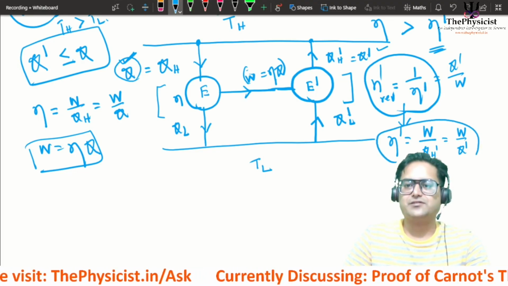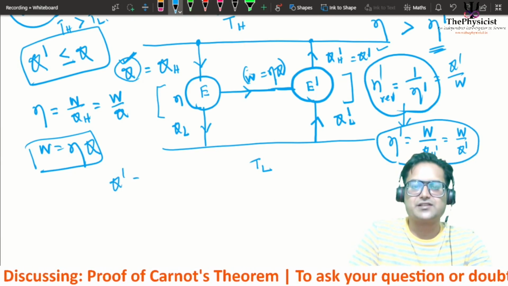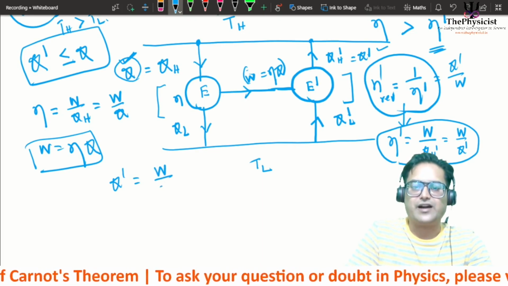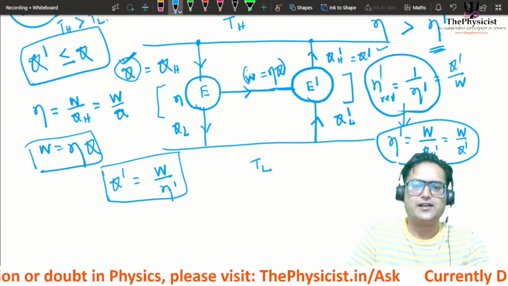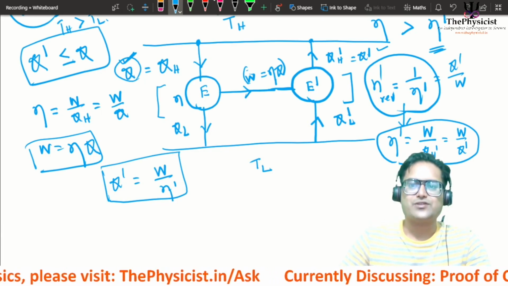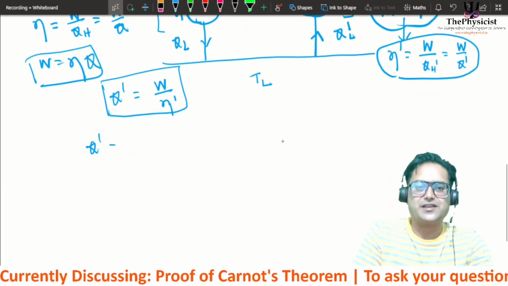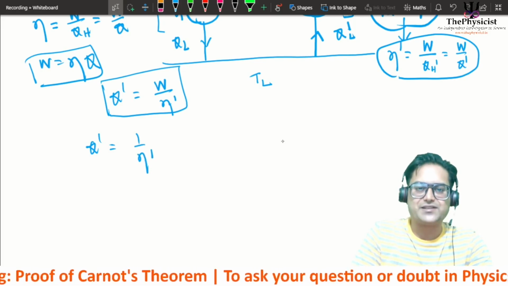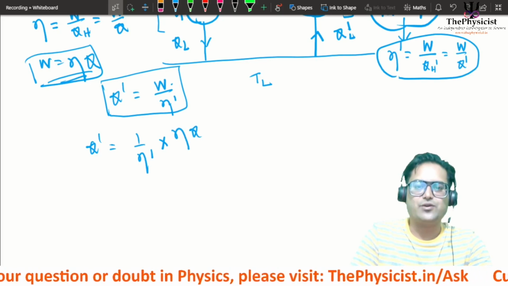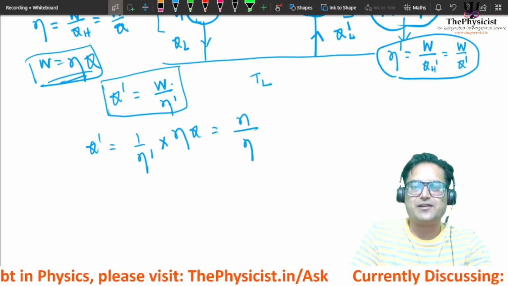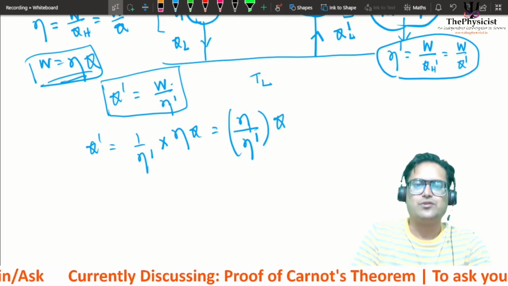Now from this equation, we can simply say that Q dash is nothing but W divided by eta dash. Okay, that's eta, not N, right? So far so good. Now we are able to compare. Q dash is equal to 1 by eta dash multiplied by W, and W is eta into Q. So in simple words, it's eta divided by eta dash multiplied by Q, right?